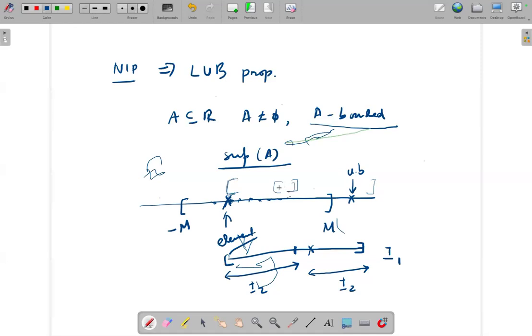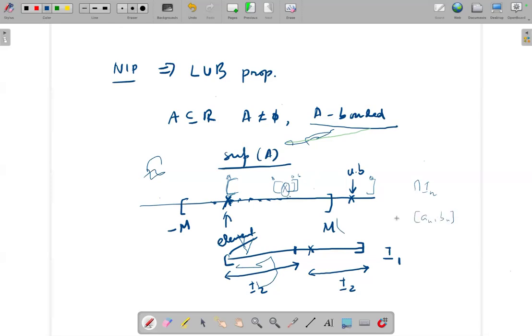So what is happening? These are all elements of the set, and these are all upper bounds of the set. And then I have something here, which is the intersection of the In. That means it belongs to every set.